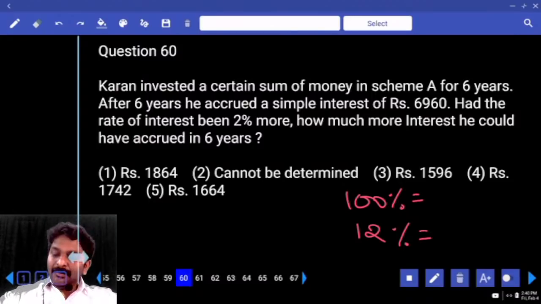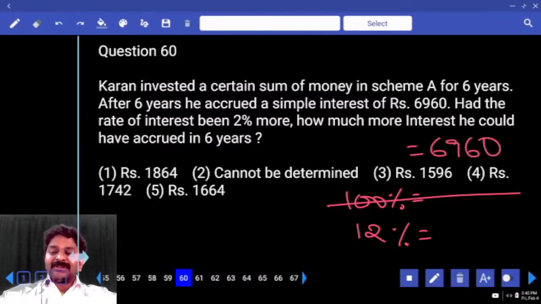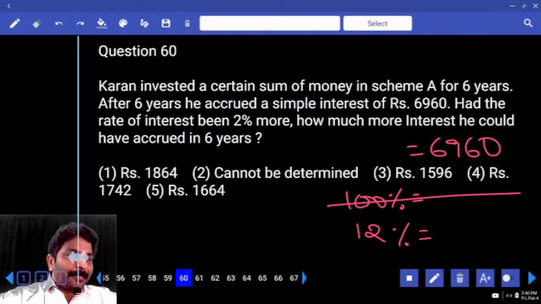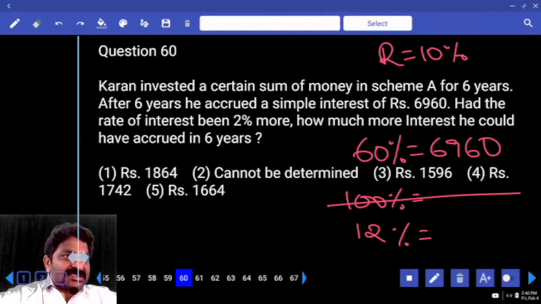Correct? Principal is not there. But you know 6 years interest is equal to 6,960. For example, if the rate of interest is 10% per annum, in 6 years we will get 60%. So we can conclude 60% is equal to 6,960.